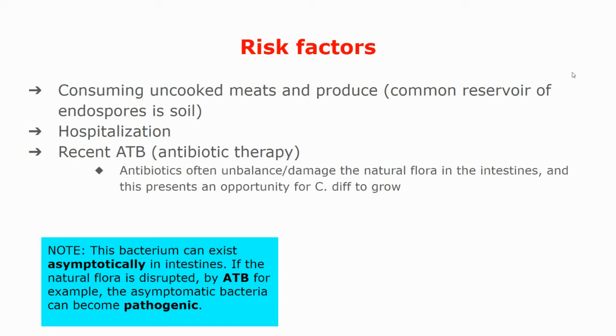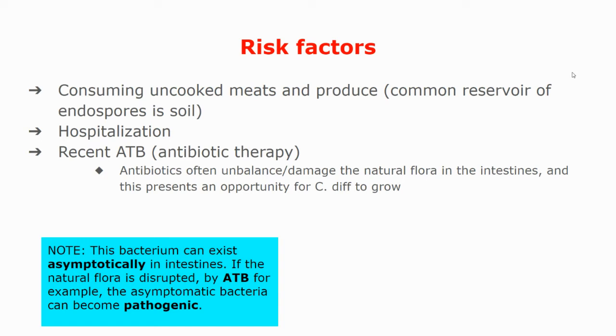But something to note is that C. diff can exist asymptomatically in the intestines. I think it's around 5 or 10% of the population. So it's not causing disease in these people since it's asymptomatic, but it still exists. It's obviously not in large numbers, otherwise the exotoxin would be causing some damage, but it might exist in a small population in your intestines.